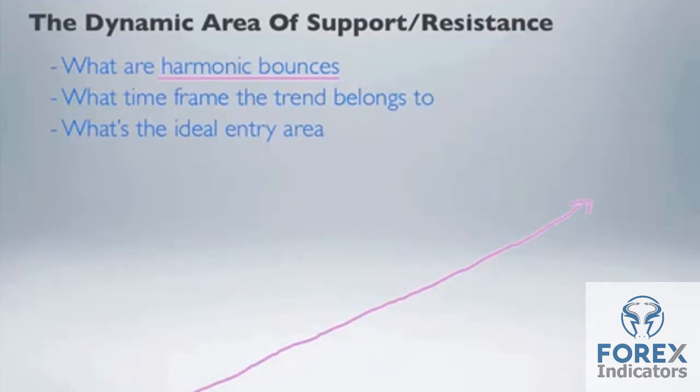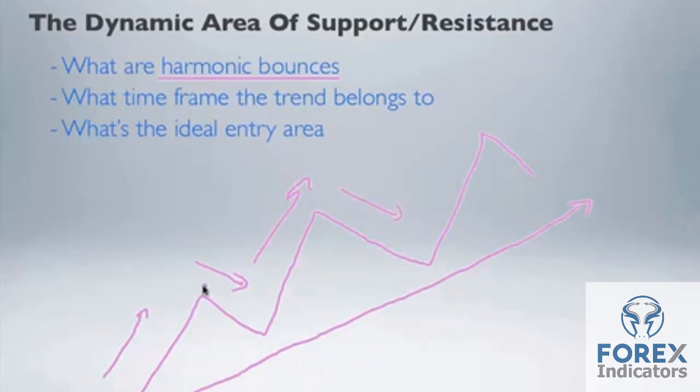Instead, we usually see a swinging or waving pattern where price gives us consecutive pushes and pullbacks in the direction of the trend, scoring higher swing highs and higher swing lows in the case of an uptrend, and the other way around in the case of a downtrend.